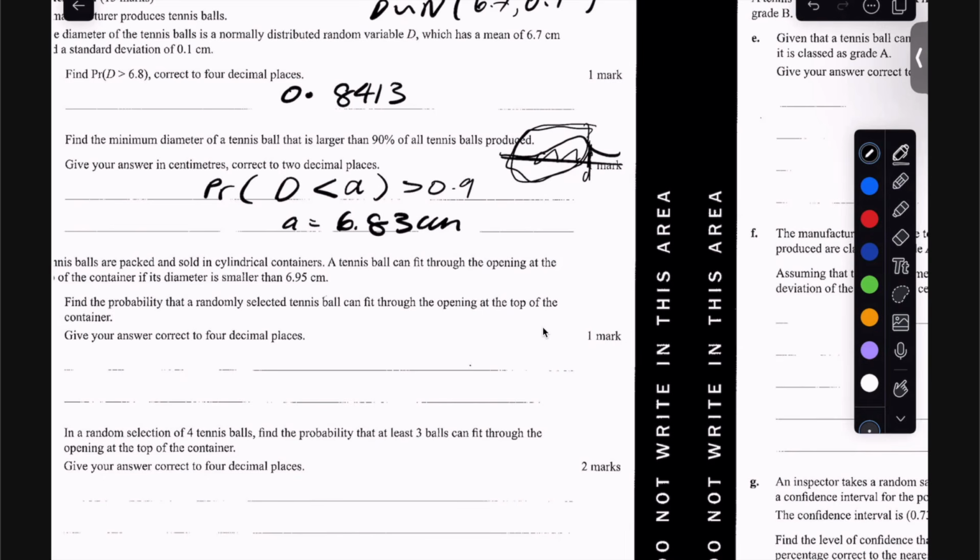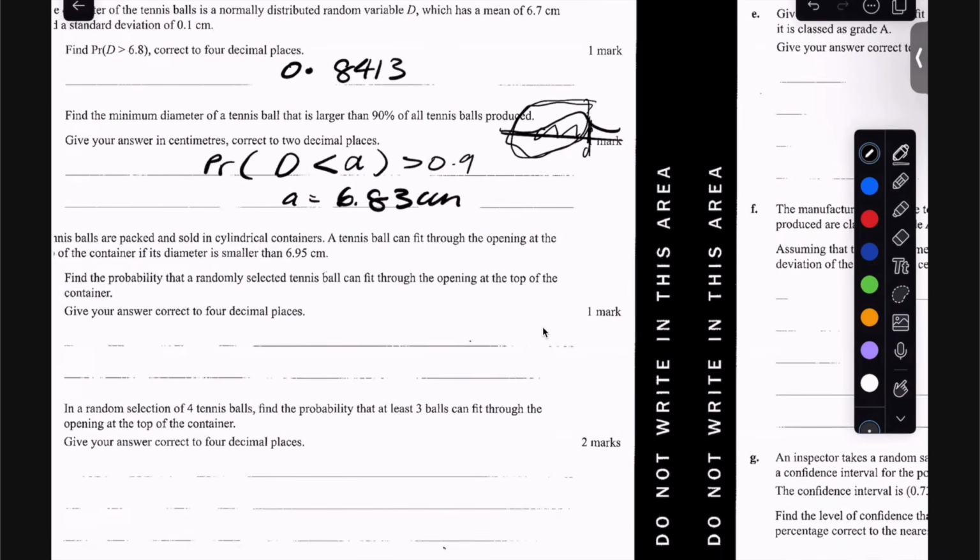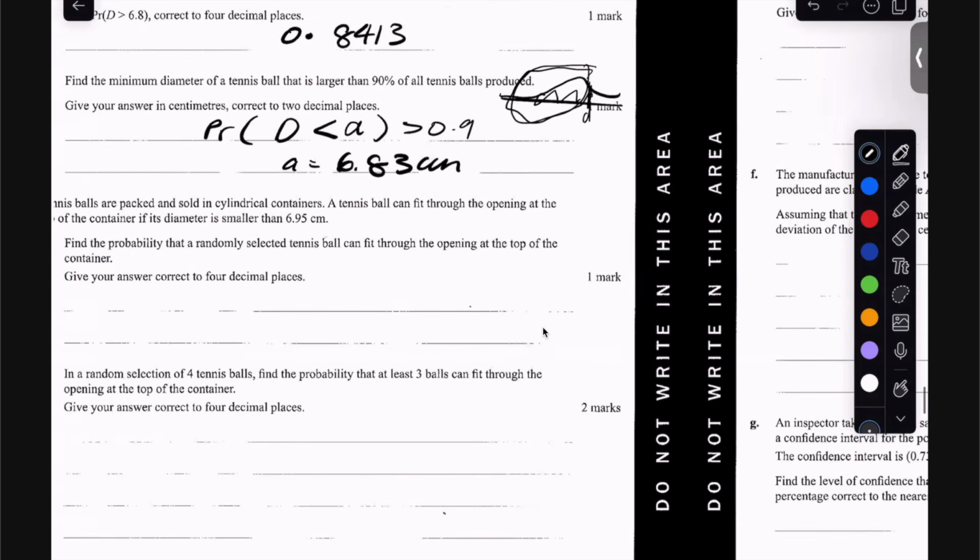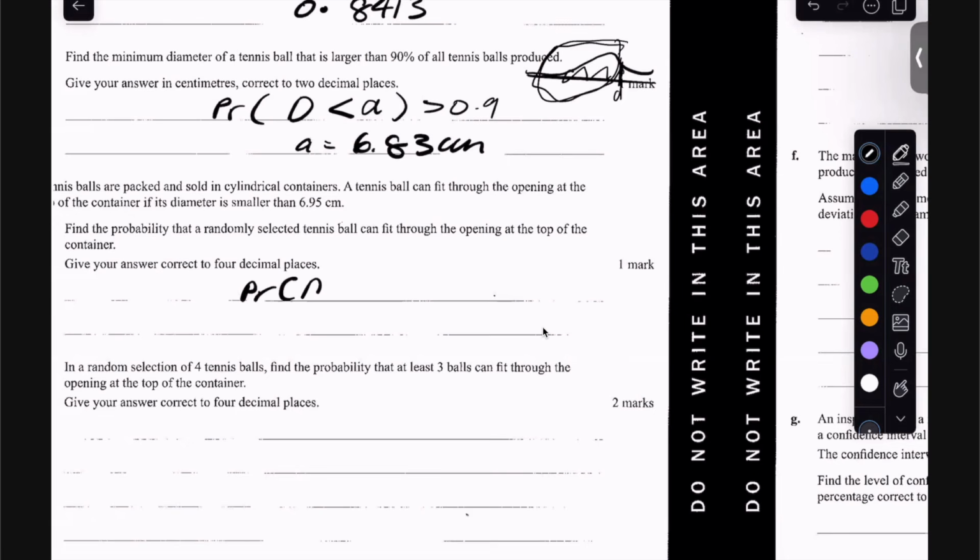Tennis balls are packed in and sold in cylindrical containers. A tennis ball can fit through the opening at the top of the container if its diameter is smaller than 6.95. Find the probability that a randomly selected tennis ball can fit through the opening at the top of the container. So you want the probability that D is less than 6.95, and they're probably going to turn this into a binomial distribution after this.